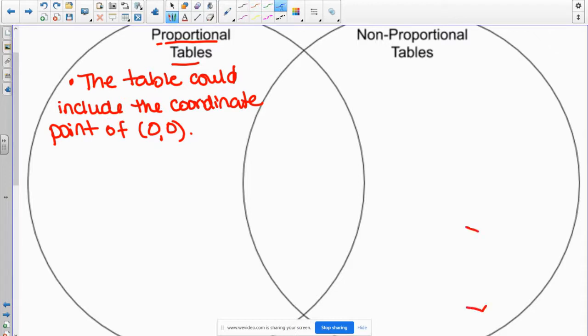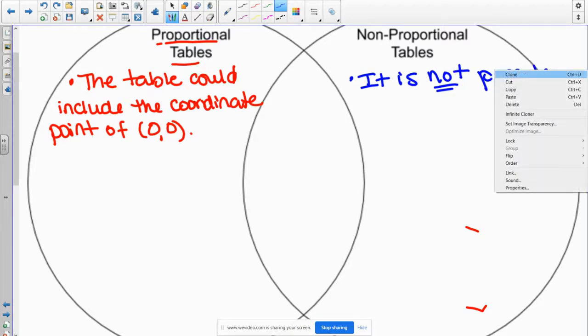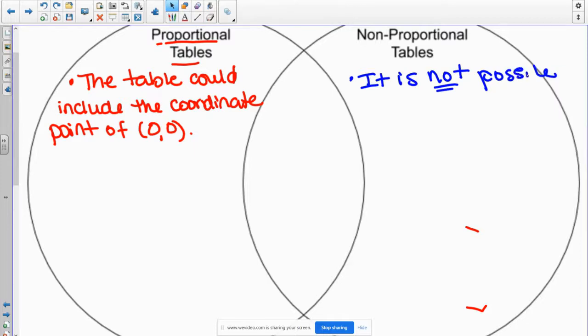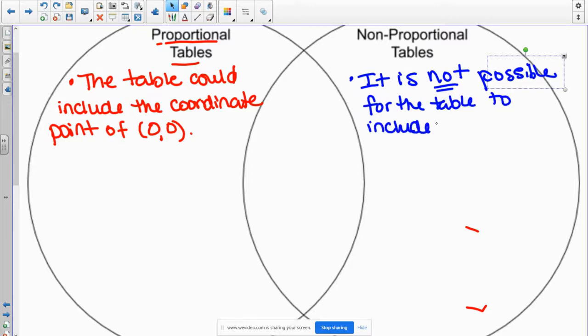So this side would be, it is not possible for the table to include the coordinate point (0, 0).